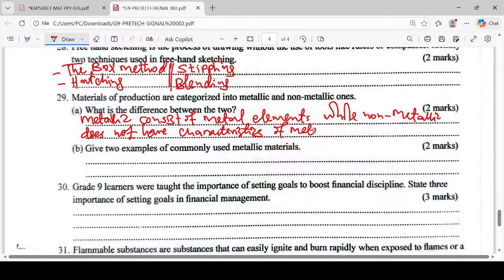Or even you can say metallic are attracted to the magnet, while non-metallic do not get attracted to the magnet, and so on.